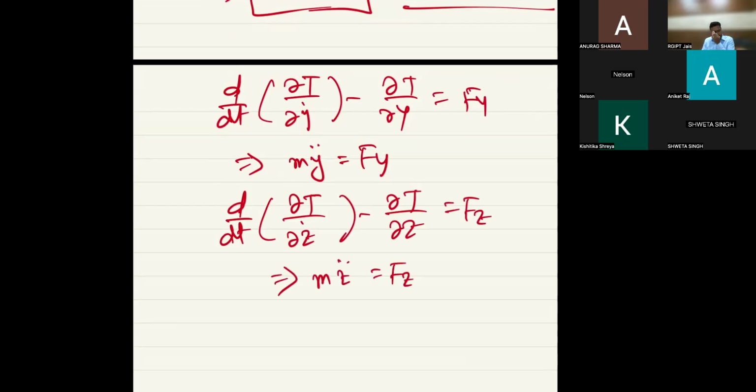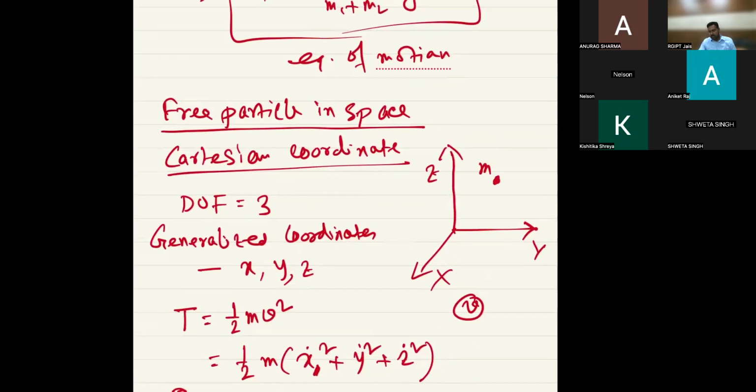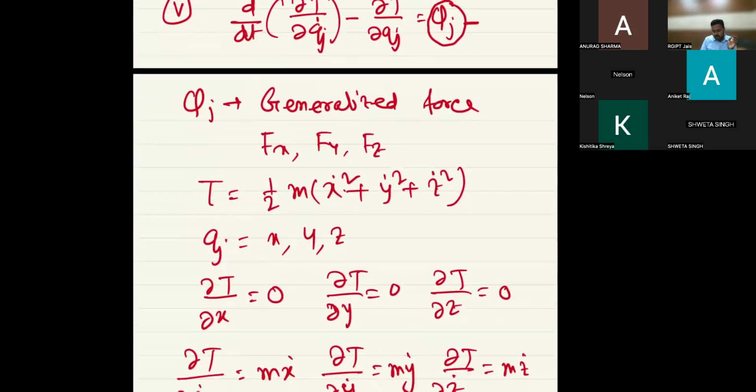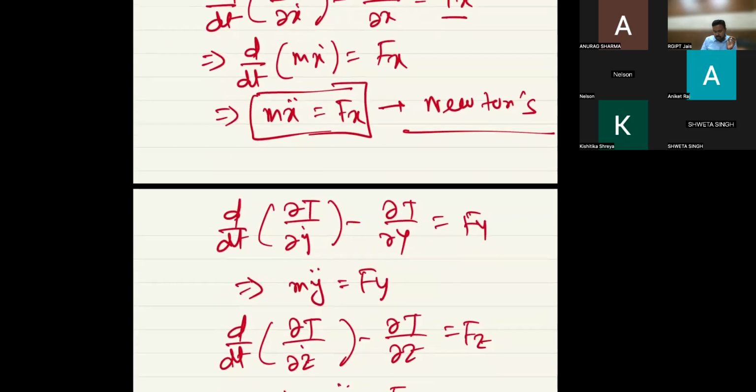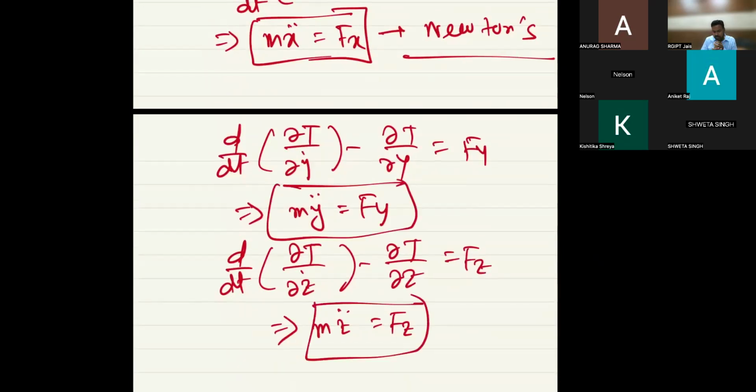So these are basically Newton's laws, and that is what we should get, because this is a free particle roaming under some force in 3D space. If we want the equation of motion, we should get back Newton's formulas from the same thing.